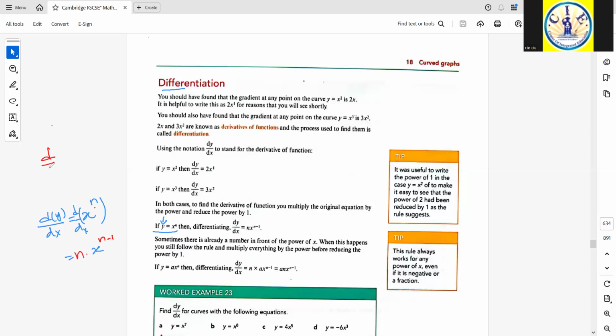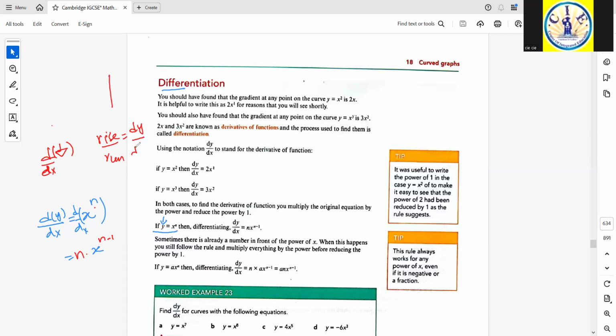This d by dx is actually a symbol that represents that we are going to differentiate this particular quantity with respect to change in the variable x. So we can understand it like rise over run as well. When we write dy, that means change in y.